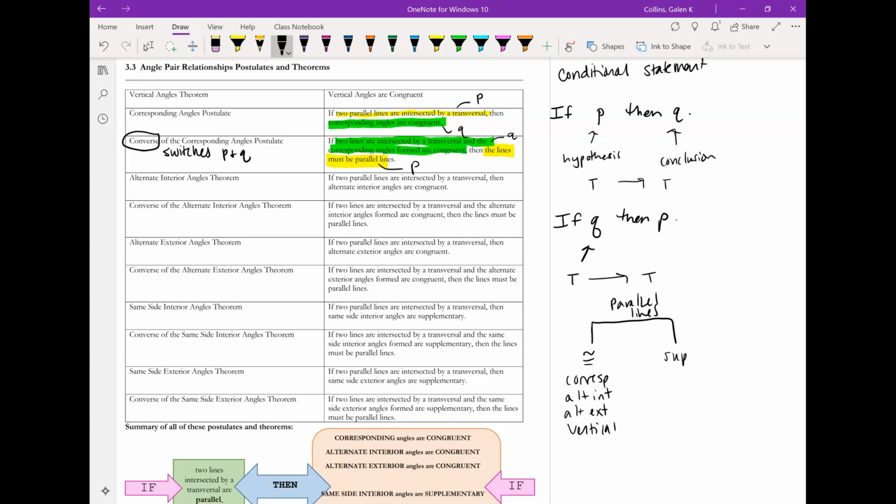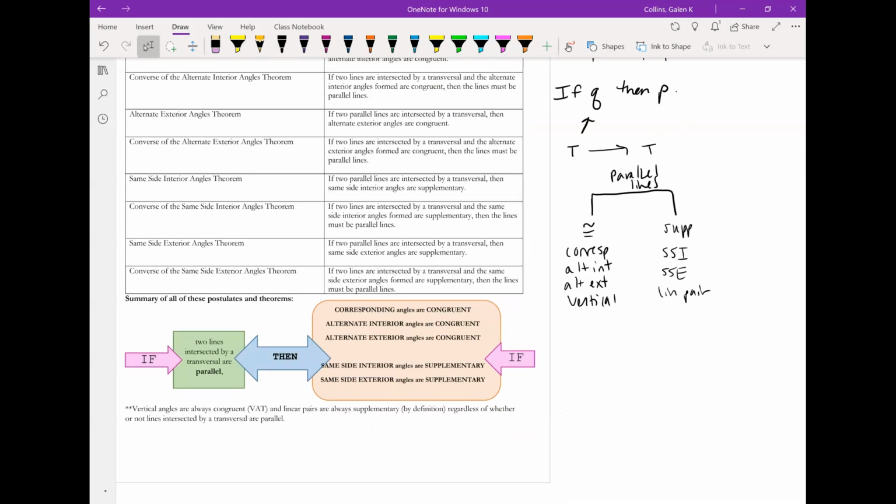And then we have these supplementary angles. That's going to be our same side interior, our same side exterior, and our linear pairs, which are always supplementary. So the important thing about the converse is it tells us that if I have alternate interior angles that are congruent, then I can prove that the lines are parallel.